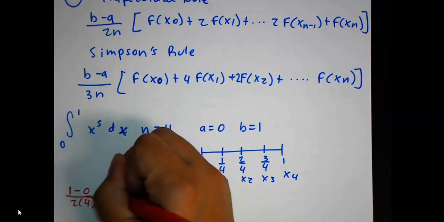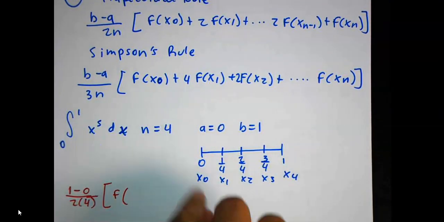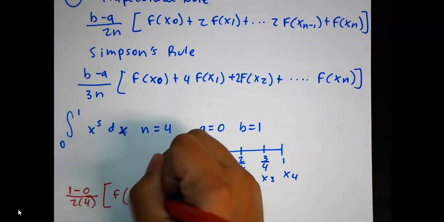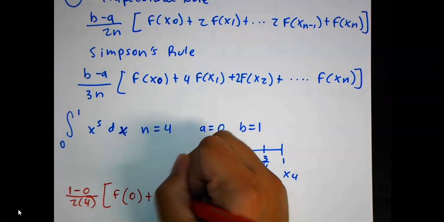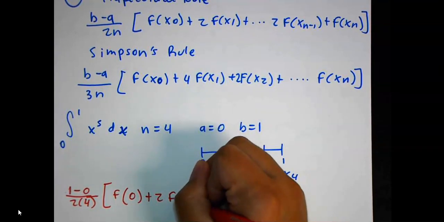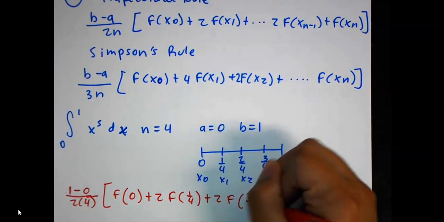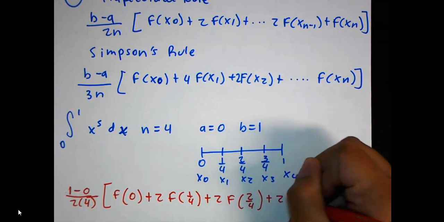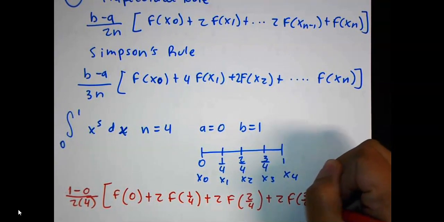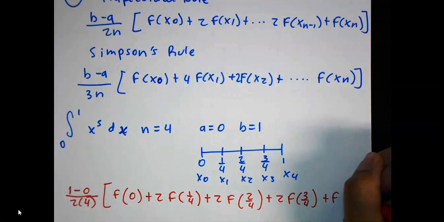And then we do f of 0 plus 2 f of 1/4 plus 2 f of 2/4 plus 2 f of 3/4 plus f of 1.